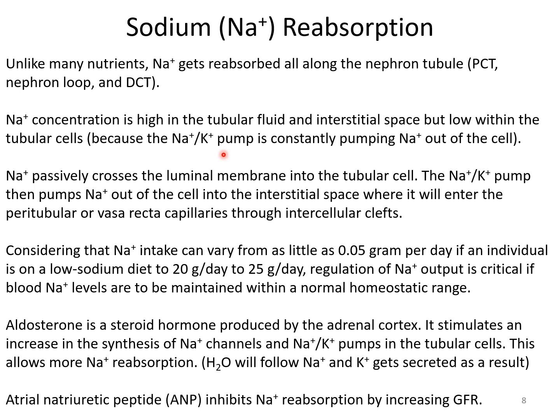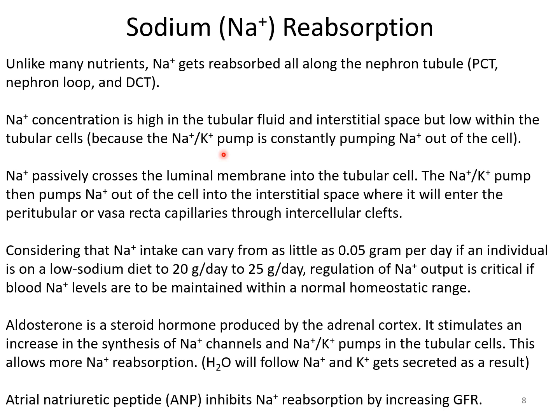So it makes its way into the tubule cell, but then the sodium-potassium pump actually pumps it out the other side of the cell. So at that point, then it enters the peritubular capillaries or the vasa recta, depending on where in the tubule system we are.